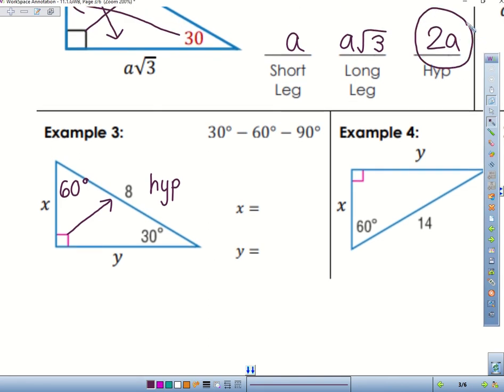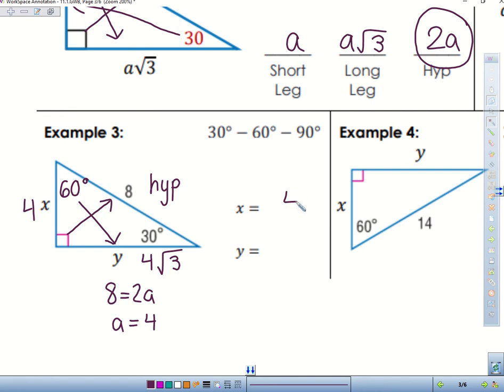In this case, I set it equal to 2A. So 8 equals 2A, which means A is 4. Now I know my shortest leg is 4, and my long leg is 4 times radical 3. So it's just 4 and 4 radical 3. Does anyone have any questions about how I identified X and Y?